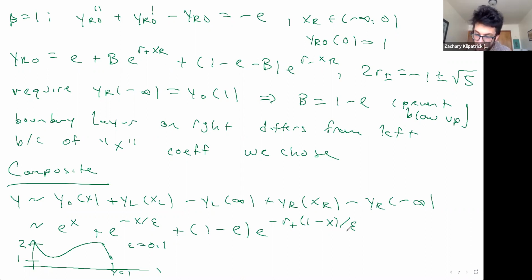Okay, so same ideas, not really a lot new in this example, but just showing that this works for two boundary layers. Okay, let me take a quick breath. Any questions about this?